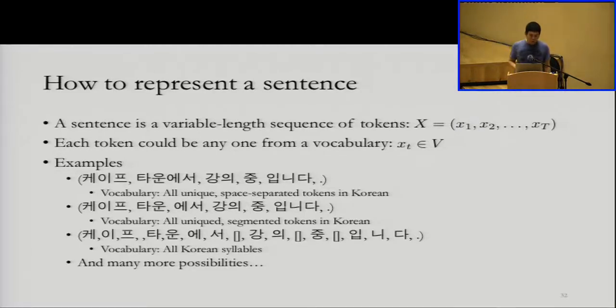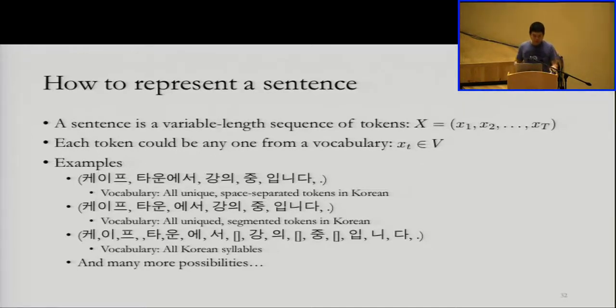And each token could be any form of vocabulary. So I'm going to say that there is some fixed vocabulary of all possible unique tokens, and a sentence is simply a sequence of tokens taken from the vocabulary, with replacement.